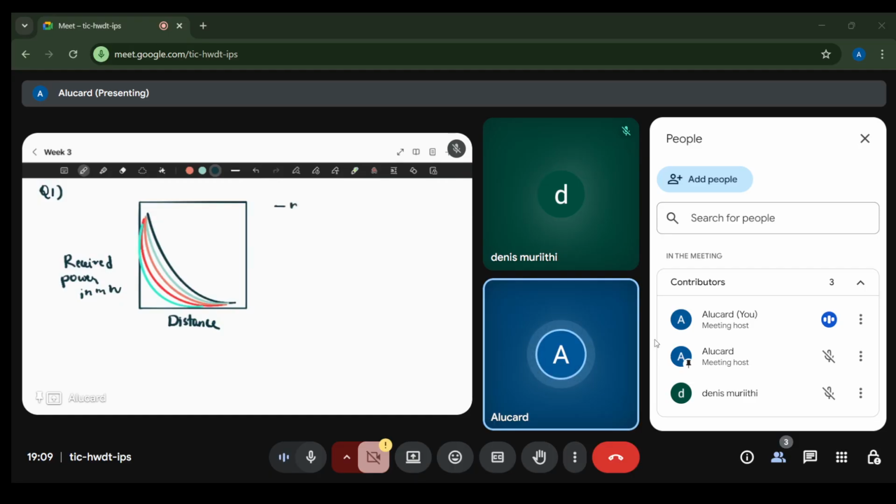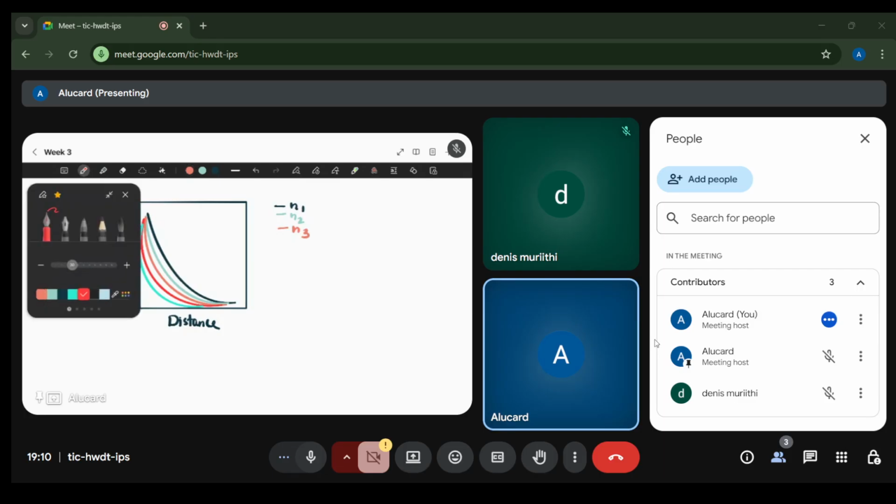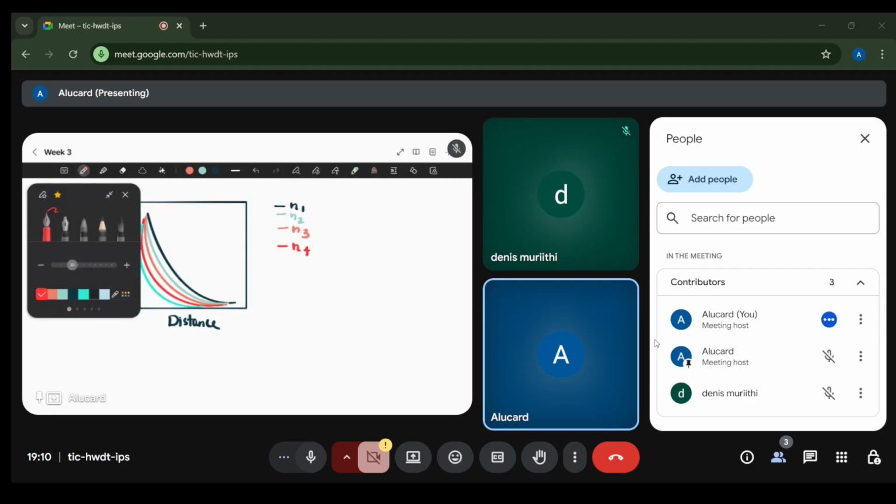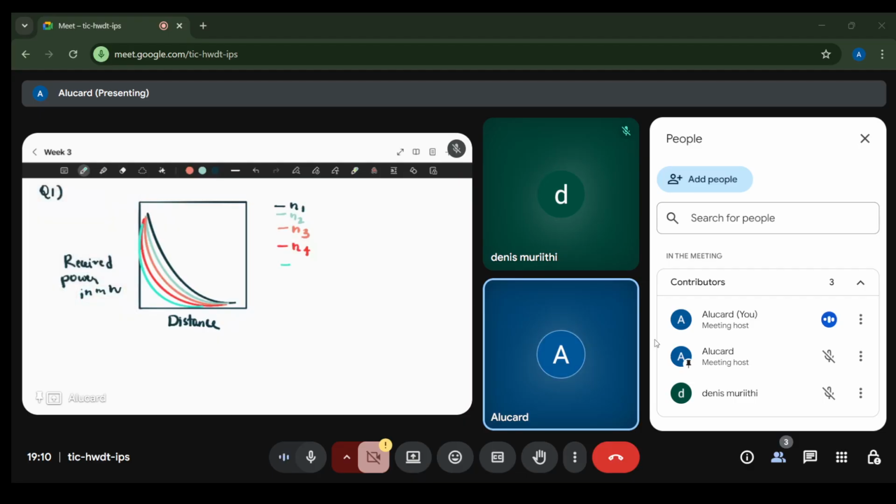The blue color is N1, light blue is N2, the pink color is N3, red is N4, and this is N5.